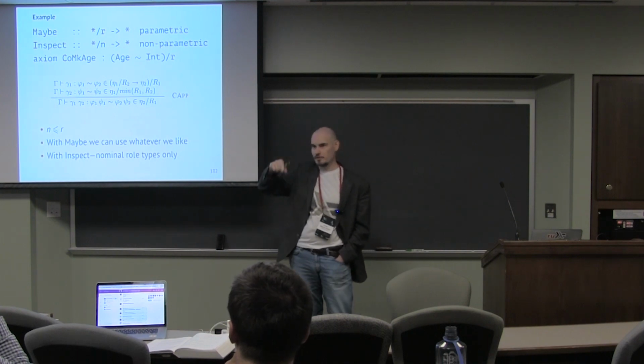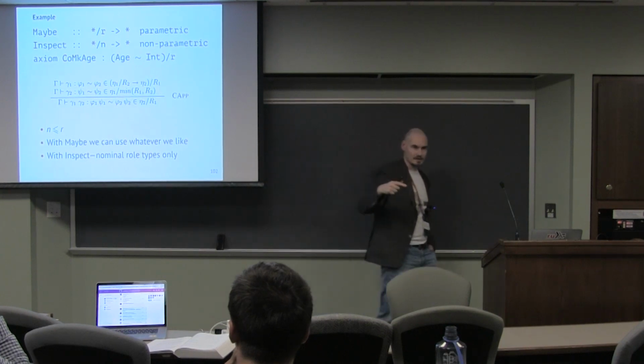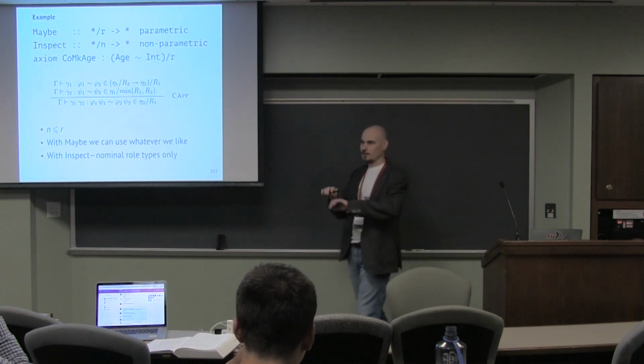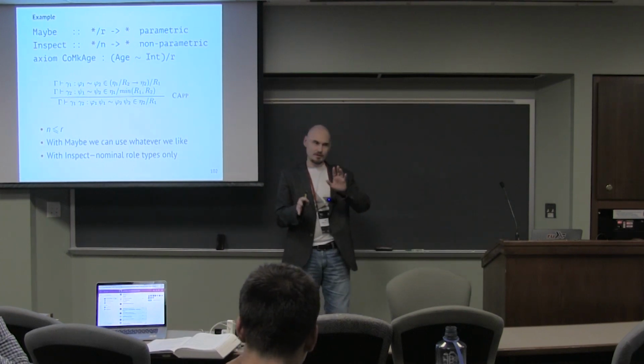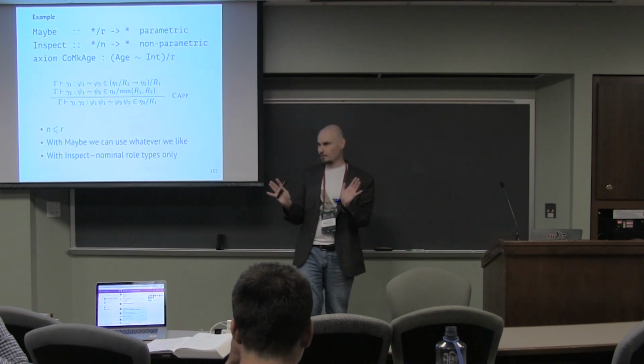So we can type check it in every case. And that means that for maybe, we can lift it in any context, independently. Is it nominal? Is it representational? We're on the safe side with maybe.